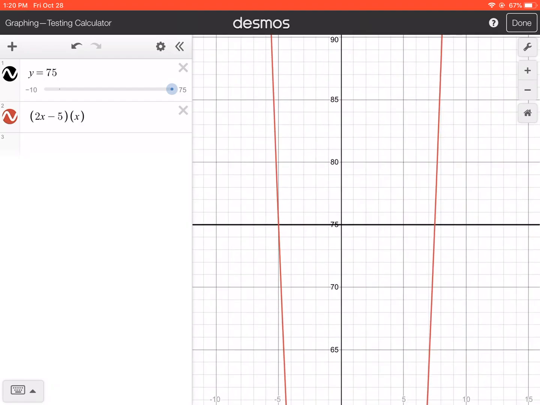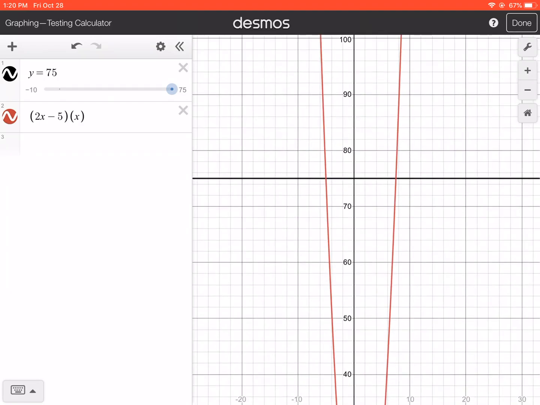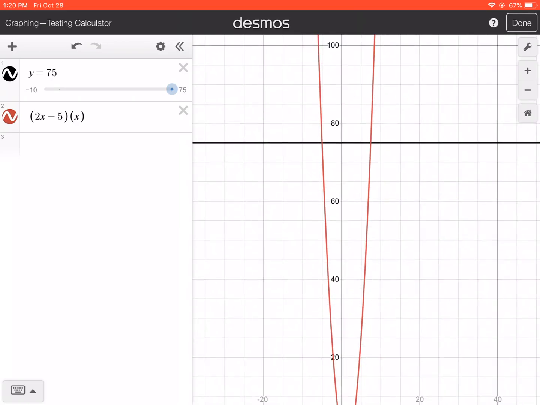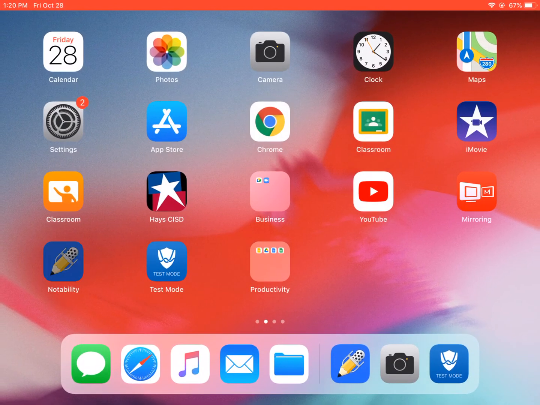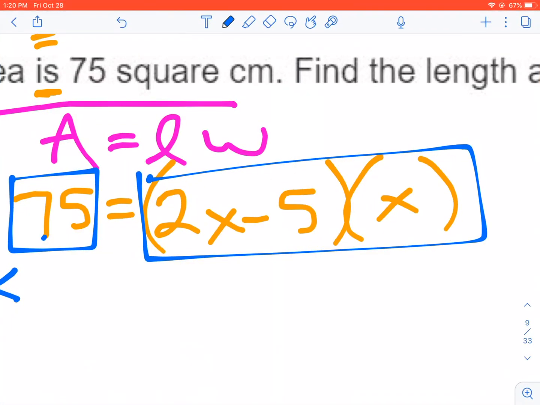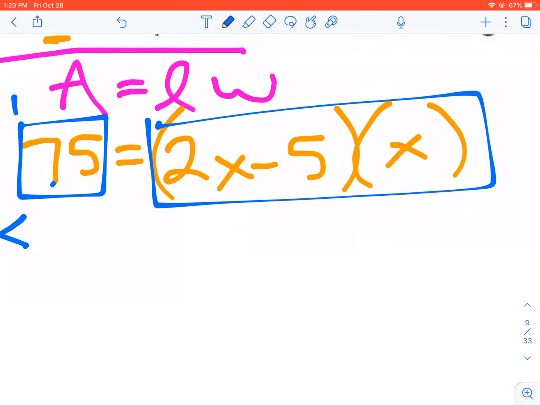Okay. Now we're going to zoom into those places. We're finding where they cross each other. So what we're going to do is we are going to make notes that it's crossing right there at a -5 and a positive 7.5, and both of the y values are 75. So again, as a part of getting your points, we are going to sketch what we see. Okay, we're going to write y equals to remind us that's how we did that.